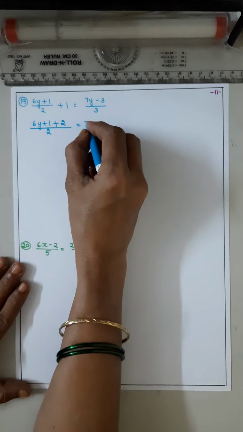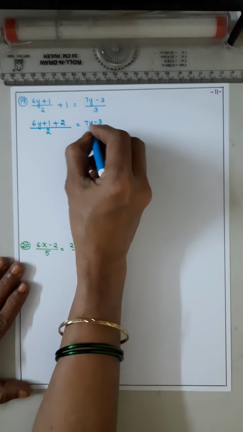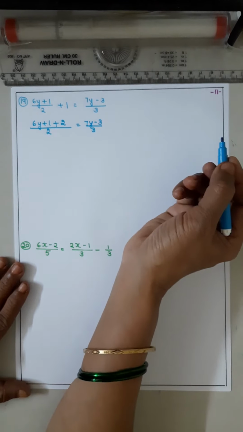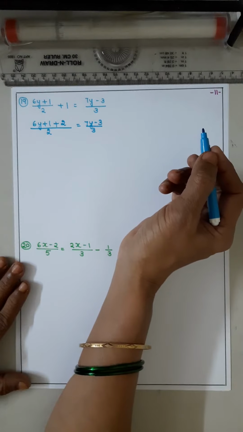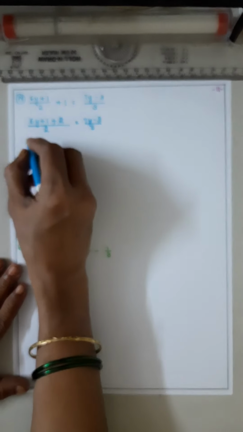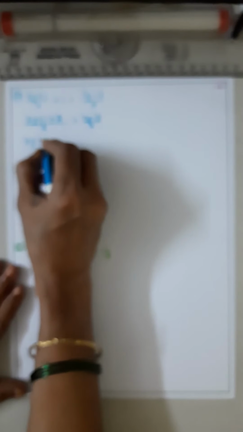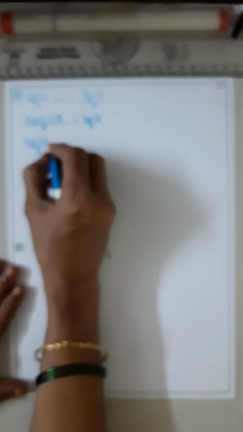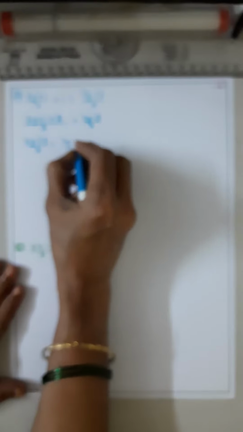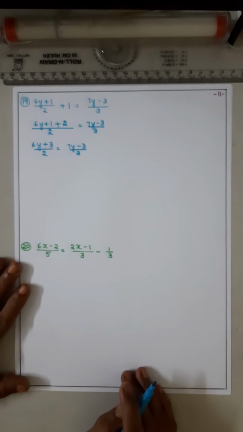Now the right side is (7y minus 3) by 3. Now it will be 6y plus 1 plus 2, that is 3 by 2, is equal to (7y minus 3) by 3. Now on both sides there is a numerator and denominator.